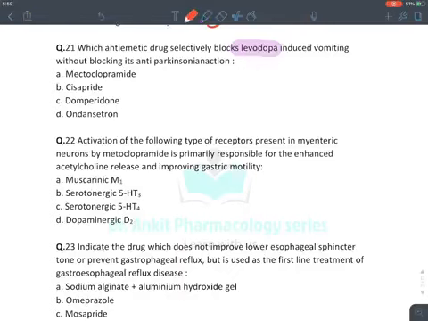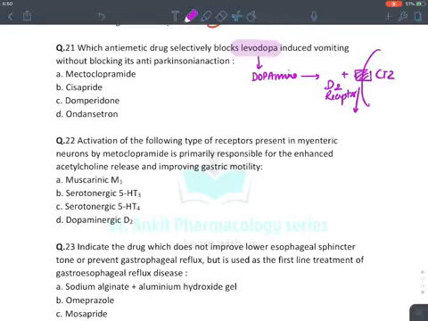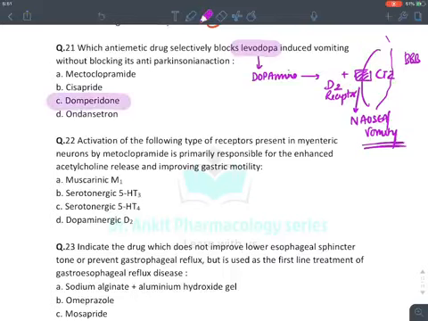Now, which antiemetic drug selectively blocks levodopa-induced vomiting? Remember, levodopa in our body gets converted into dopamine. Dopamine goes to the CTZ area and acts on a receptor known as the D2 receptor. If this D2 receptor is stimulated, it leads to nausea and vomiting. So we have to give a drug which will only block this D2 receptor lying outside the blood-brain barrier, in the CTZ area. That drug is domperidone.